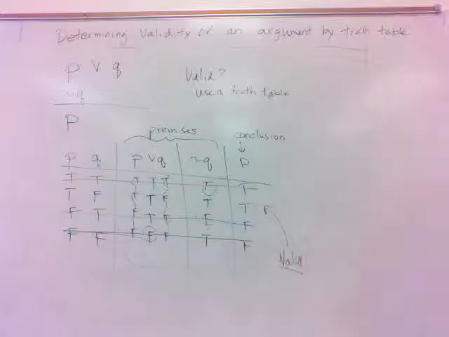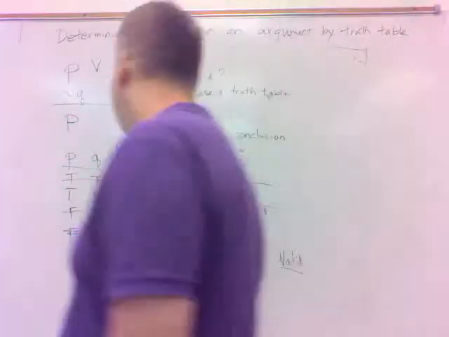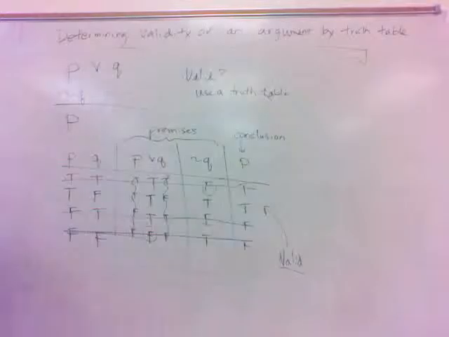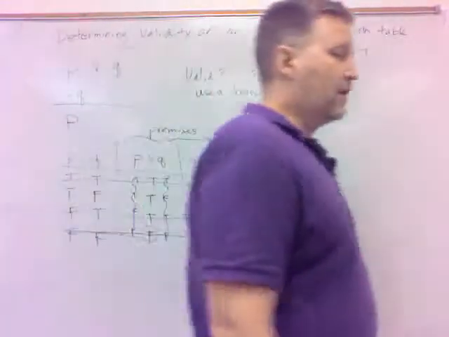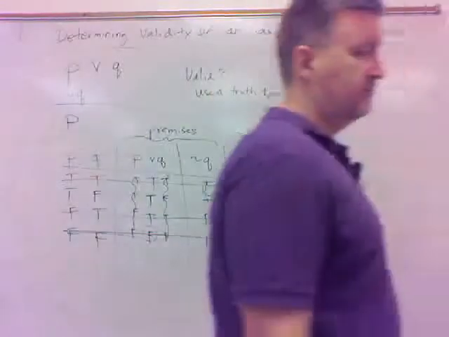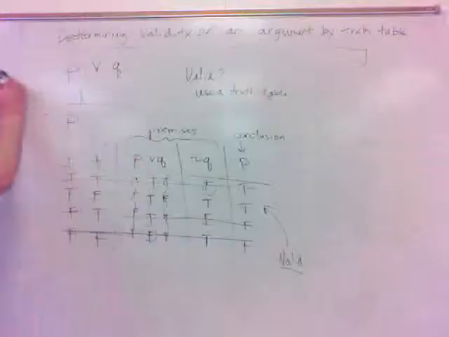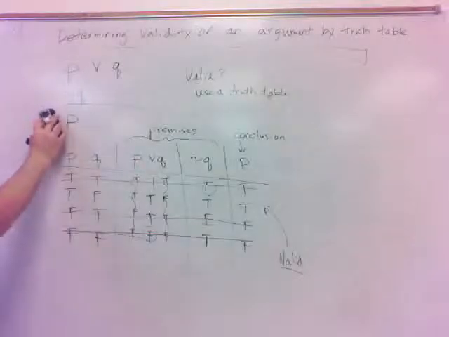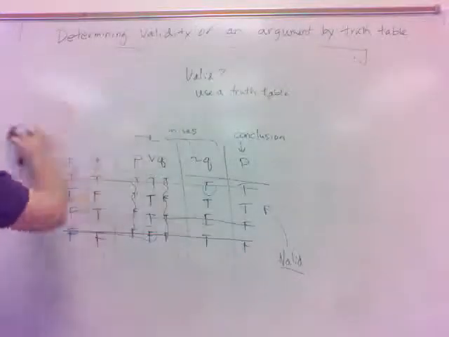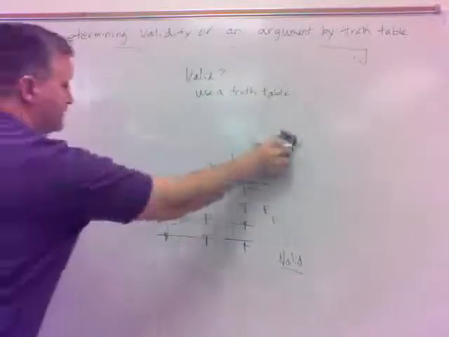See those? The little table. Argument forms. These are known argument forms, and we're going to utilize that. Keep this one in mind here. We'll say more about that one in just a second.